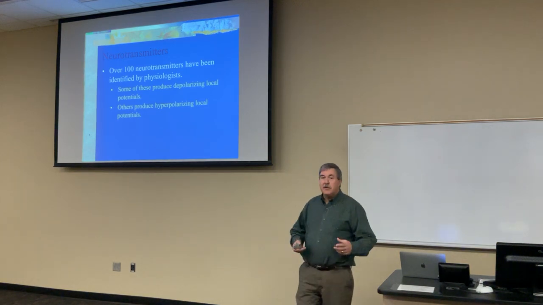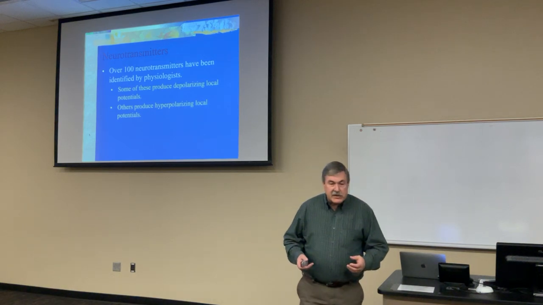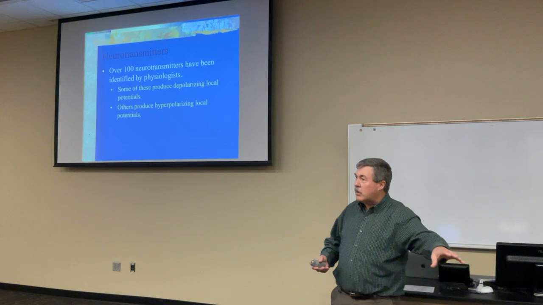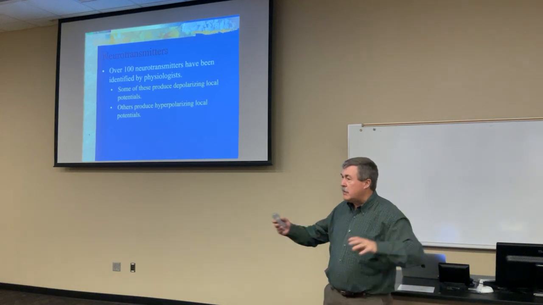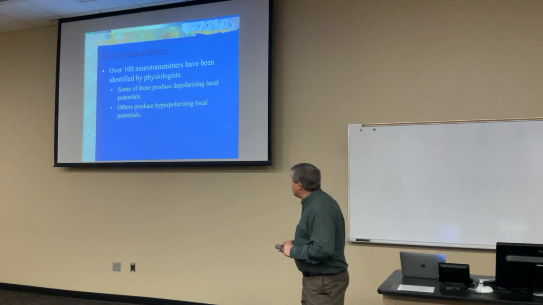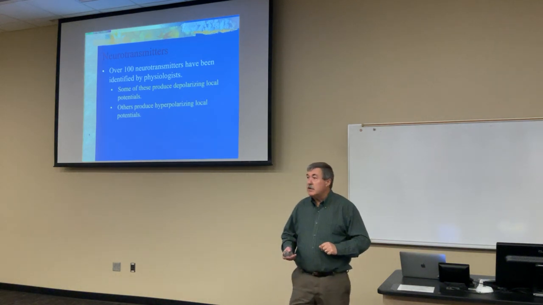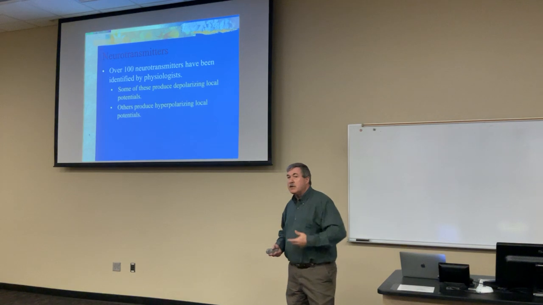And some of these different neurotransmitters are found in different organs in the body than others. Some of them produce depolarizing local potentials by stimulating the opening of sodium channels.